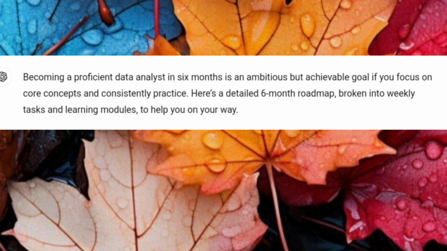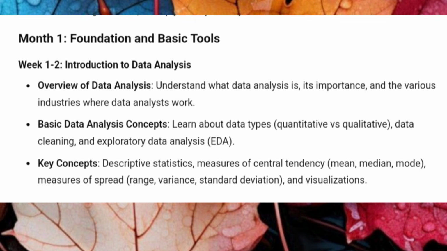Now, we start from week 1, and this is our first month. What we learn: foundation and basic tools. Week 1 to week 2, introduction to data analysis. Overview of data analyst: understand what data analysis is, its importance, and various industries where data analysts work.